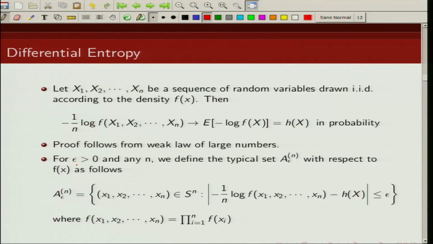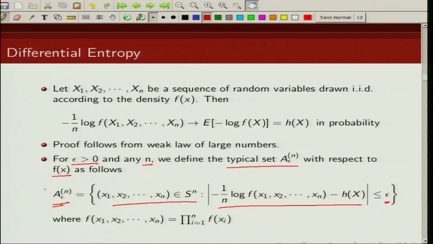Now for an epsilon greater than 0 and for any n, we can define the typical set with respect to this density function as follows. The typical set is the set of sequences (x1, x2, x3, ..., xn) such that minus 1 by n log f(x1, x2, x3, ..., xn) is close to the true differential entropy, and the difference is within epsilon.